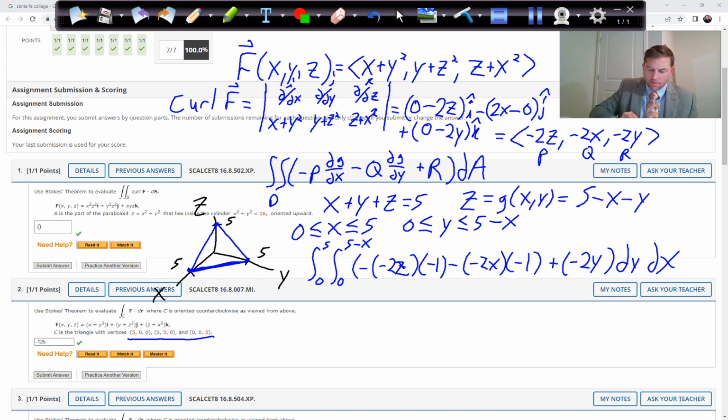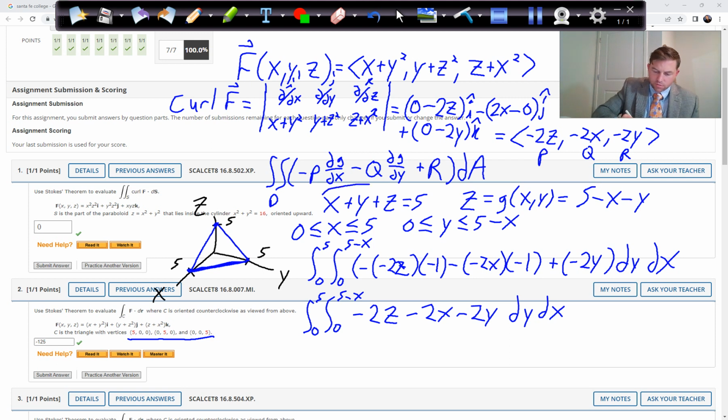And what we're going to have is, boy, a lot of negatives here, triple negative. This is going to be minus 2z, another triple negative, minus 2x, and then it's minus 2y, dy dx. But we know x plus y plus z equals 5.